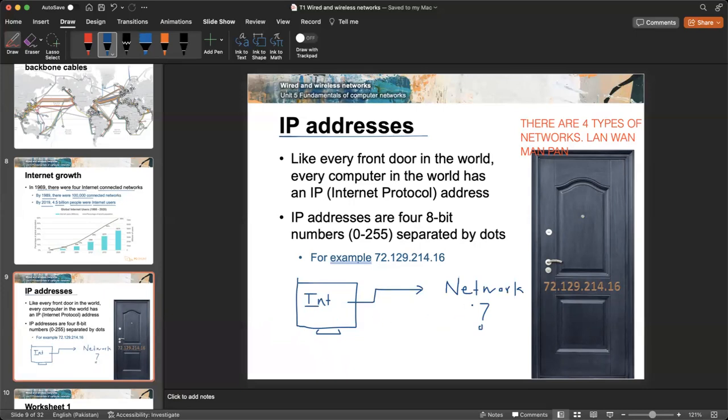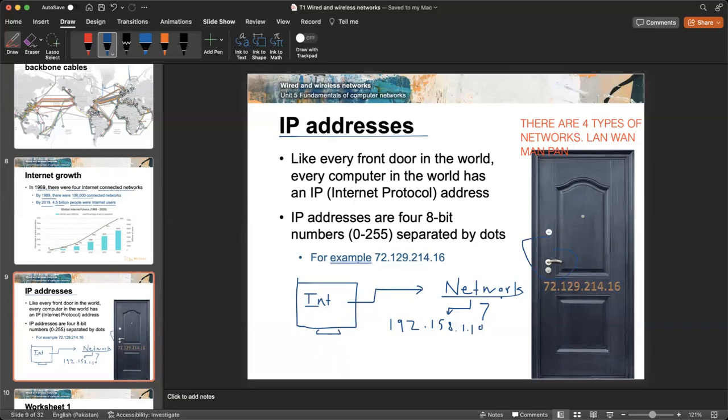The network asks, what computer? Do you have any identity? You say, yes, I have an identity. The network asks, what is your identity? You say, my identity is 192.158.1.1. So the network says, okay, welcome. The door will be opened and then you are able to use the internet.